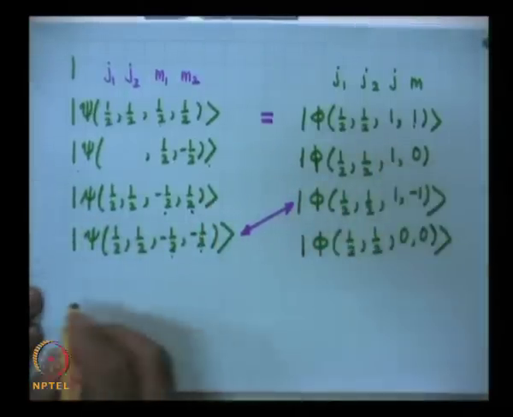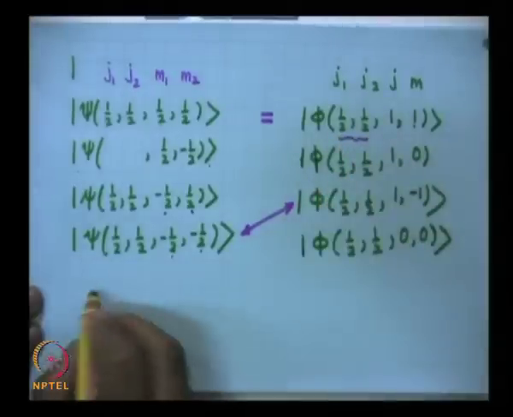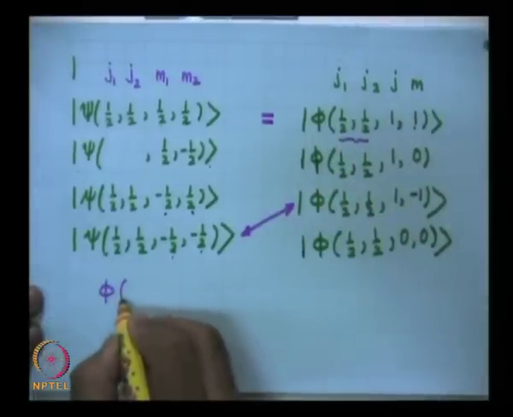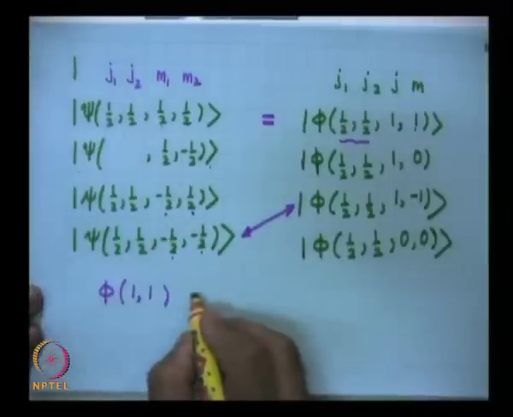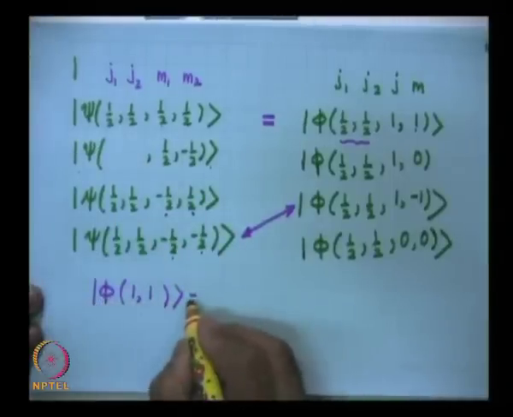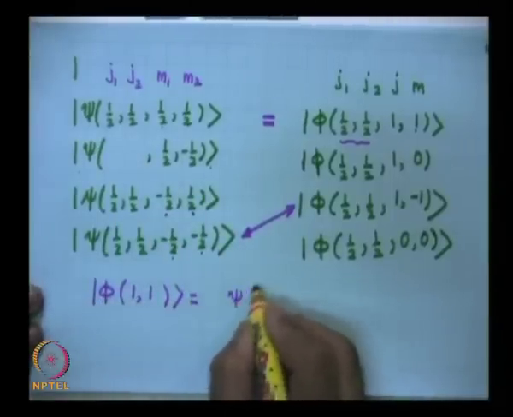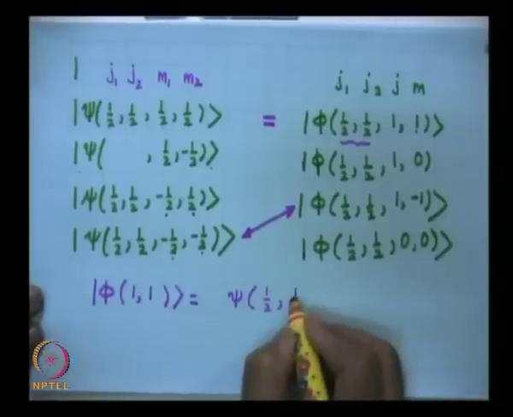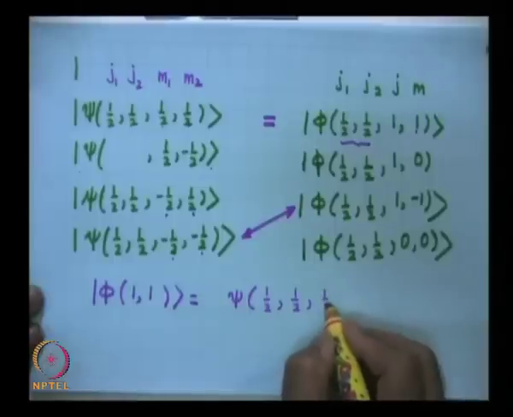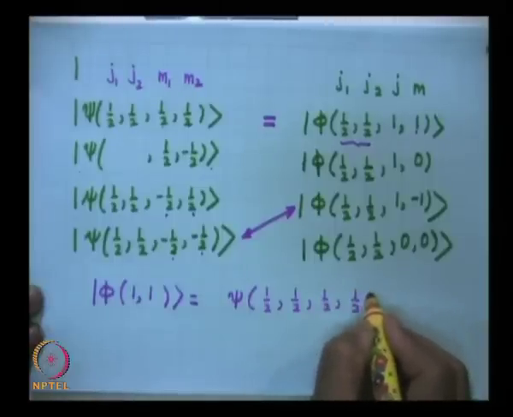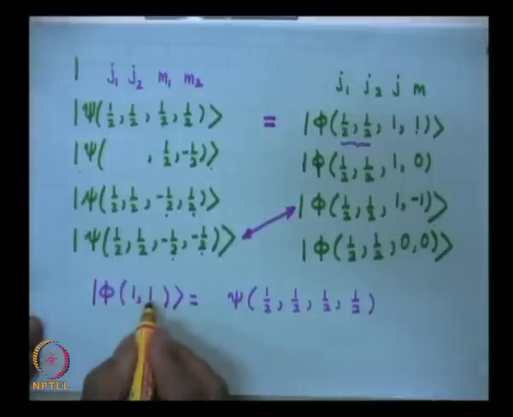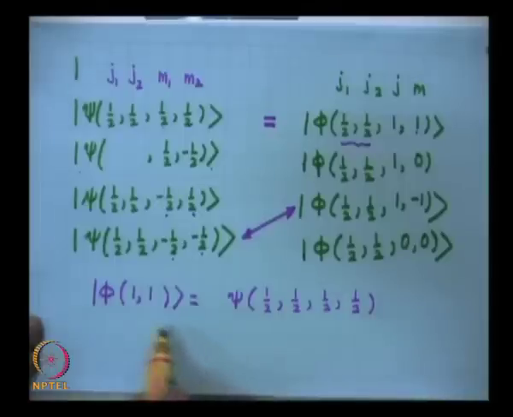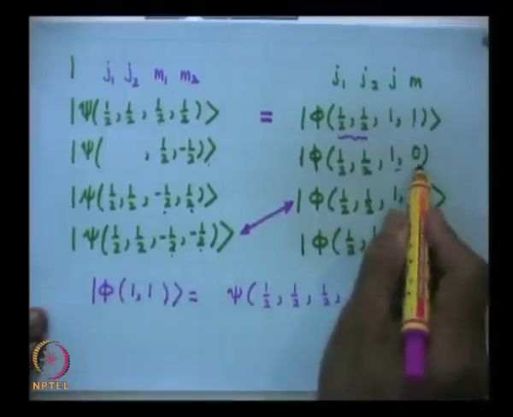So, you have, for example, let me omit this. So, phi 1 comma 1 will be equal to psi, let me write the half factor, I will tell you why I require that. Now, I want to find out, I want to get to phi 1 comma 0.